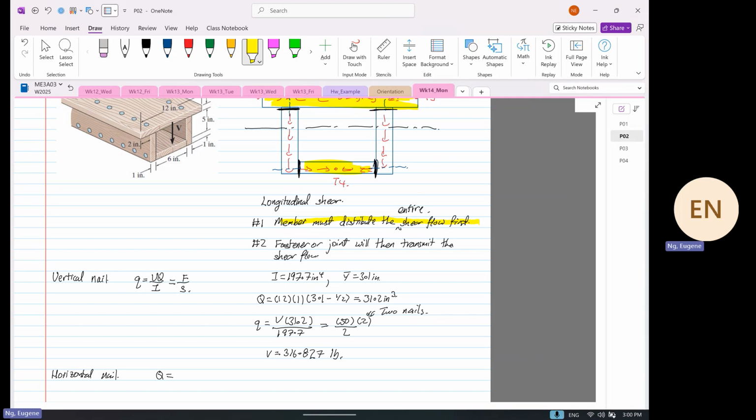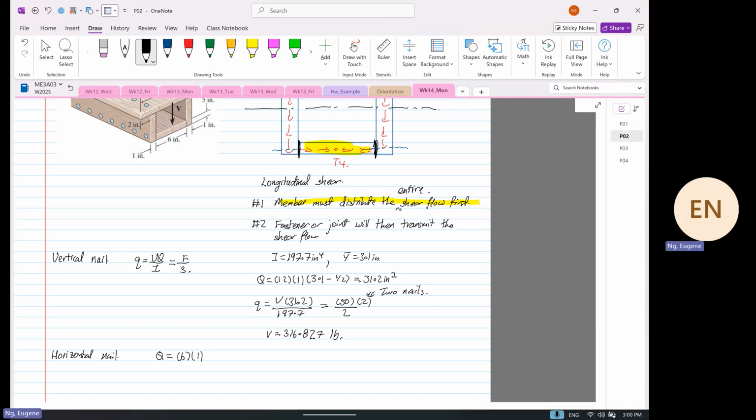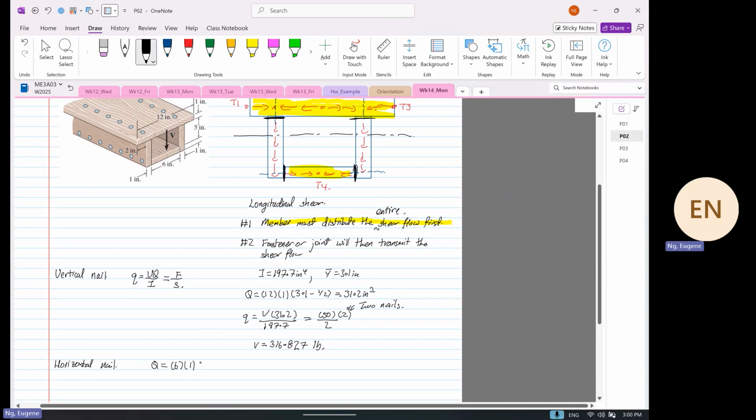Okay, so from here, we have the 6, the width, the depth, and then we have to be careful with the Y bar again. So the Y bar is equal to 17 minus 3.1, then minus 1 divided by 2.